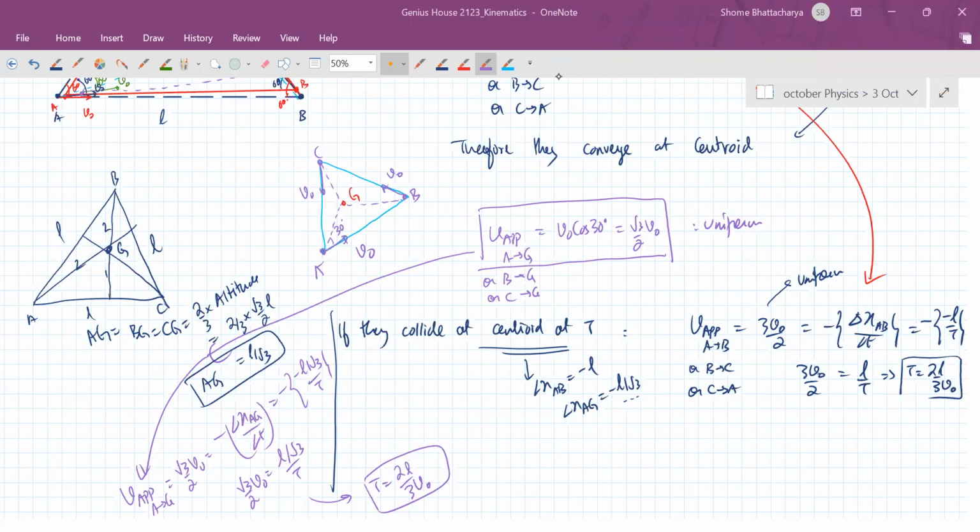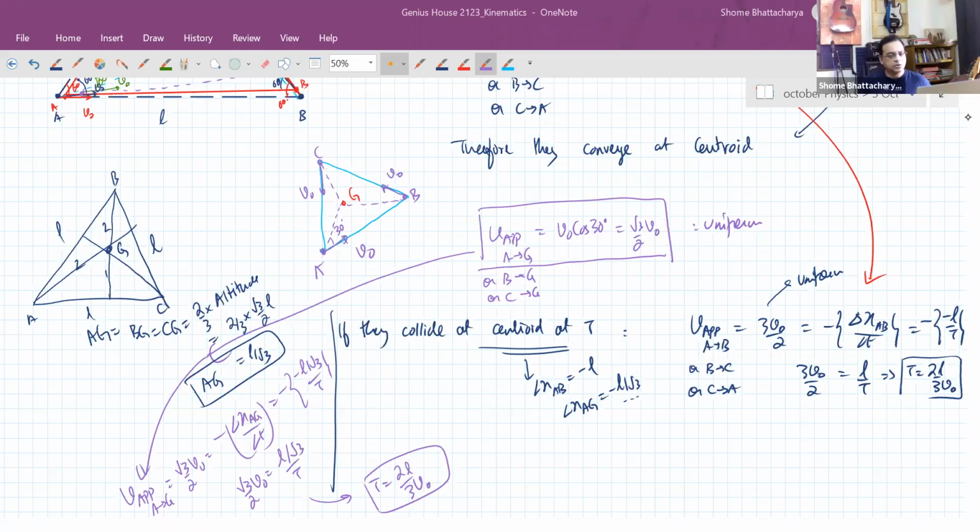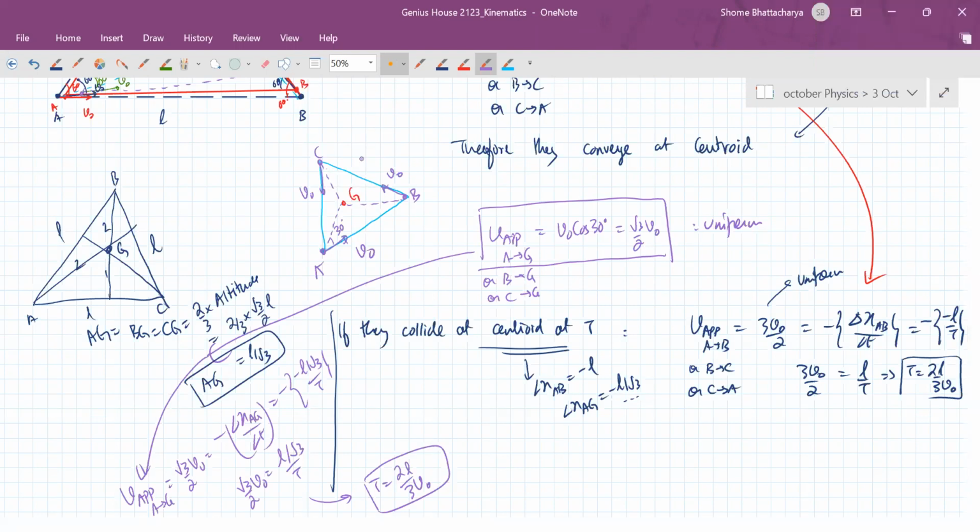What if this triangle were not equilateral, but scalene or some other type like isosceles? Again, it becomes much more complex. Or even if it was equilateral, but the speeds were not the same, if all three were not moving at v naught, then they might not collide simultaneously. You're understanding the point, no? So without that symmetry, this problem becomes impossible to solve by this method of approach and separation velocity.